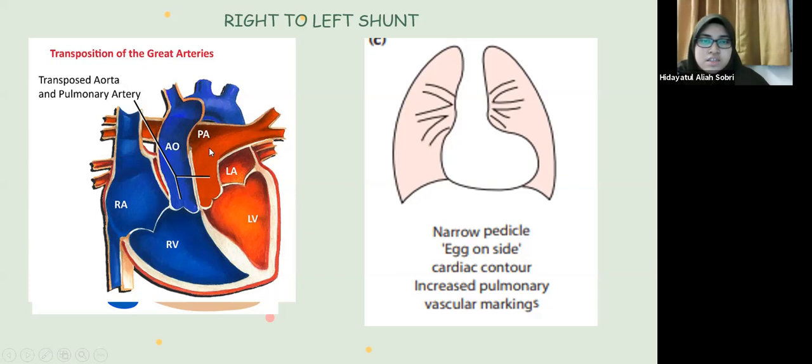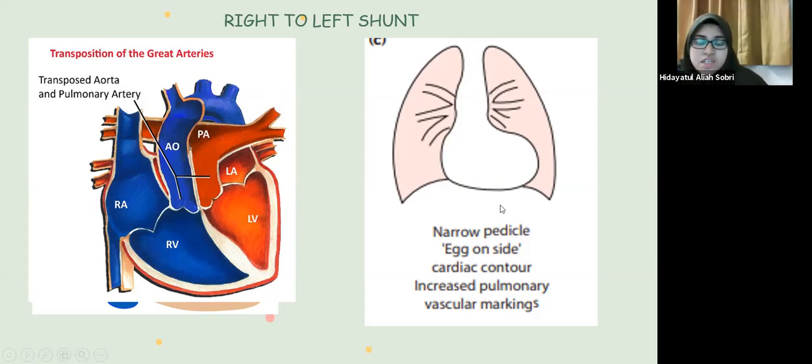And usually this patient is incompatible with life unless there are septal defects such as a ventricular septal defect or atrial septal defect that allow the mixing of the blood. And the patient will survive a bit longer compared to the patient that has only transposition of the great arteries. And at the end, the patient will present with heart failure.